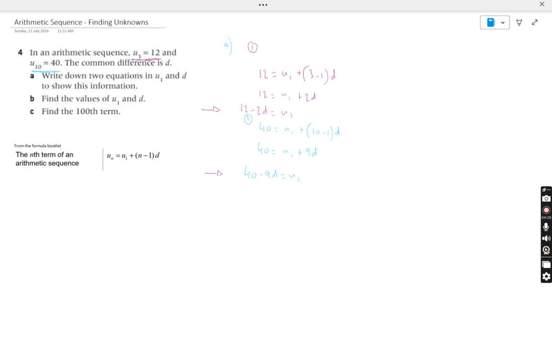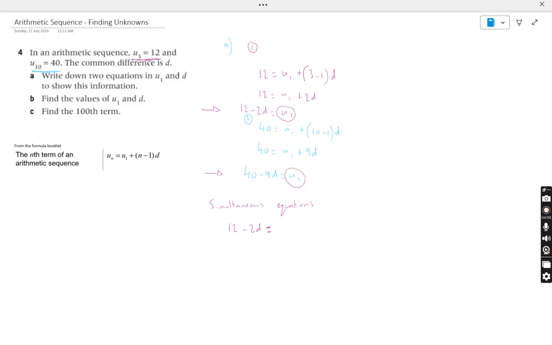So that looks like this. Let's do this part down here. Simultaneous equations. So I'm going to use that first equation, 12 minus 2D, equals this bottom equation, because both of those two equations equal U1.